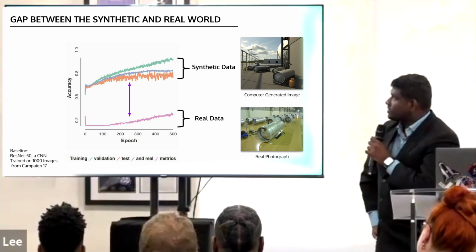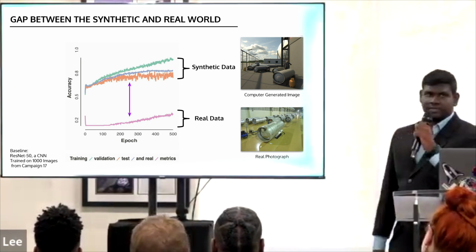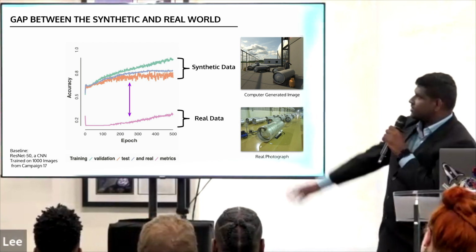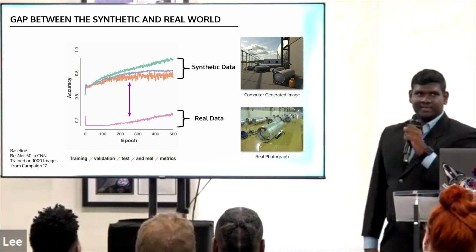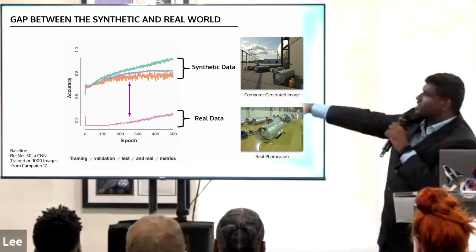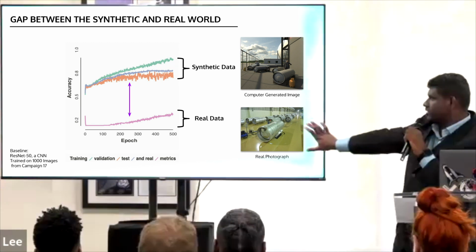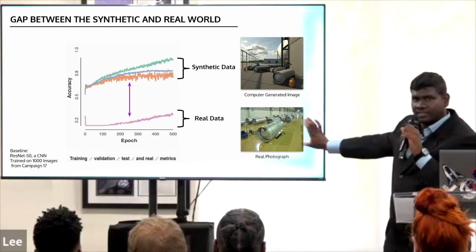All right. So the gap between the synthetic and the real world. Well, what is this? Is what we all wonder. You see an image here, which is a computer-generated image, and you see a real photograph here, actually taken in a facility.